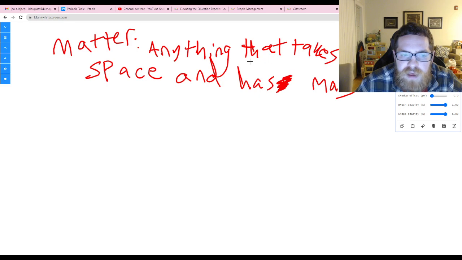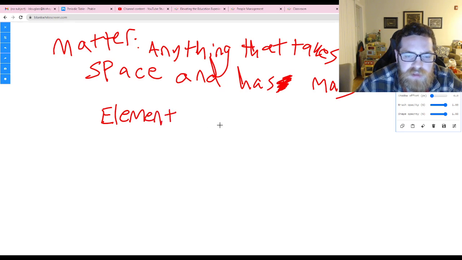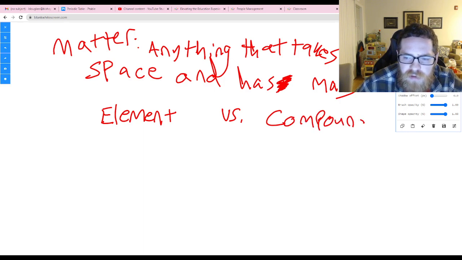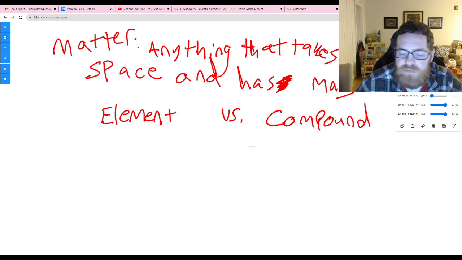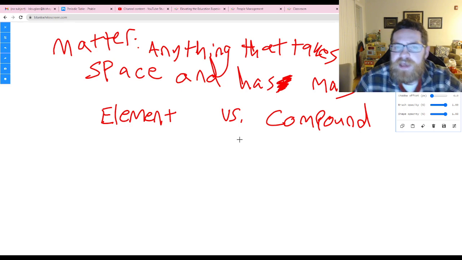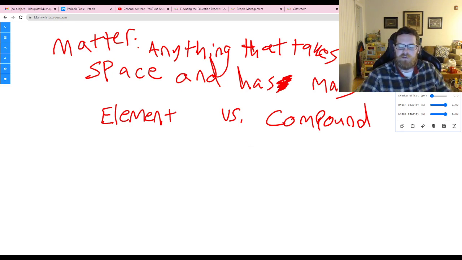So, again, anything that takes up space and has mass. We have a few different ways of classifying matter. But our first one is an element versus a compound.